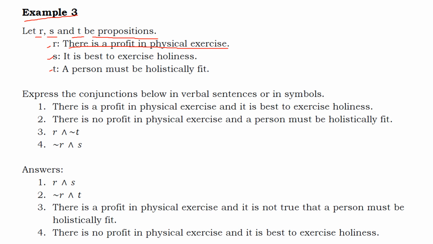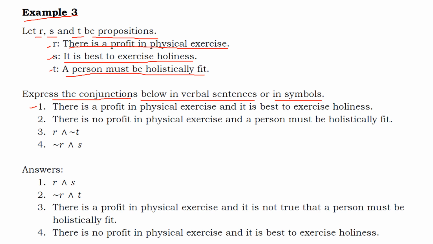For proposition S, it is best to exercise holiness. For proposition T, a person must be holistically fit. Now, for us to express the conjunctions below in verbal sentences or in symbols.